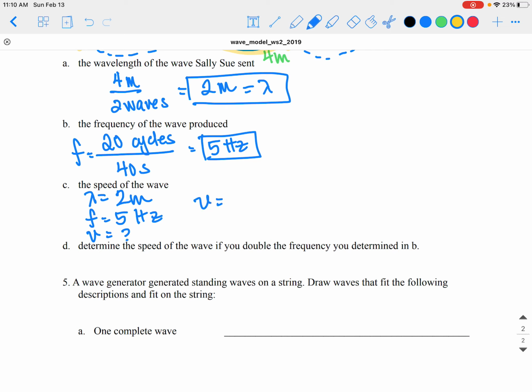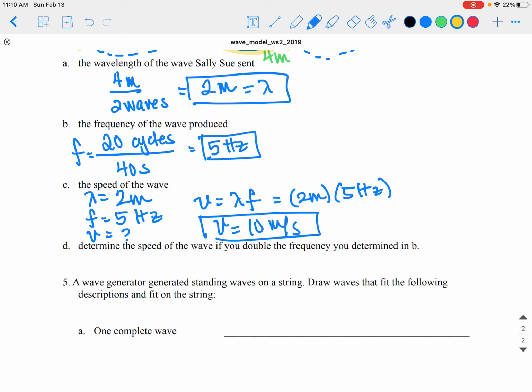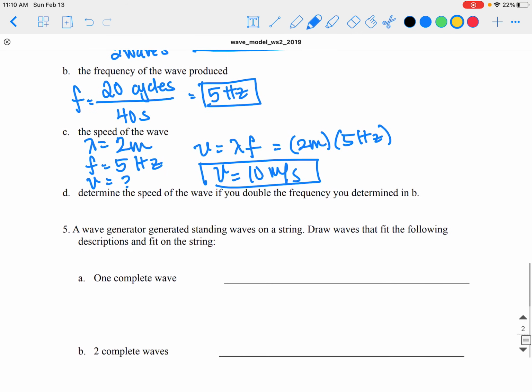So velocity equals lambda times frequency. I'm going to plug in my 2 meters, multiply it by my 5 hertz, and that's easy to get a velocity of 10 meters per second. You can say 10 meters times hertz. I'll still give you credit for that, but you should already have memorized that the unit for velocity is meters per second.